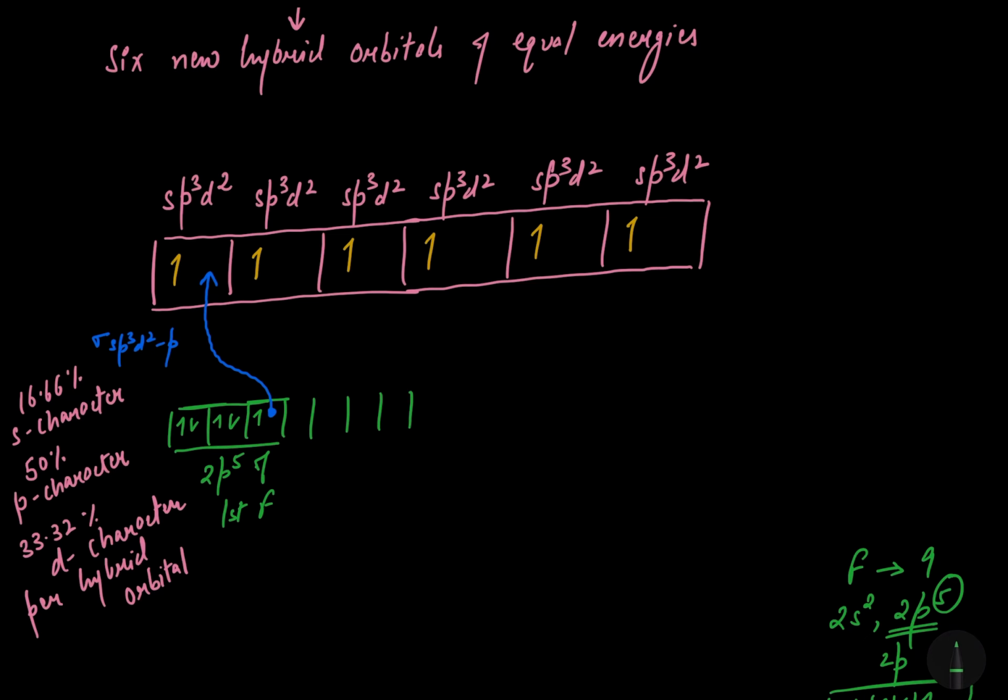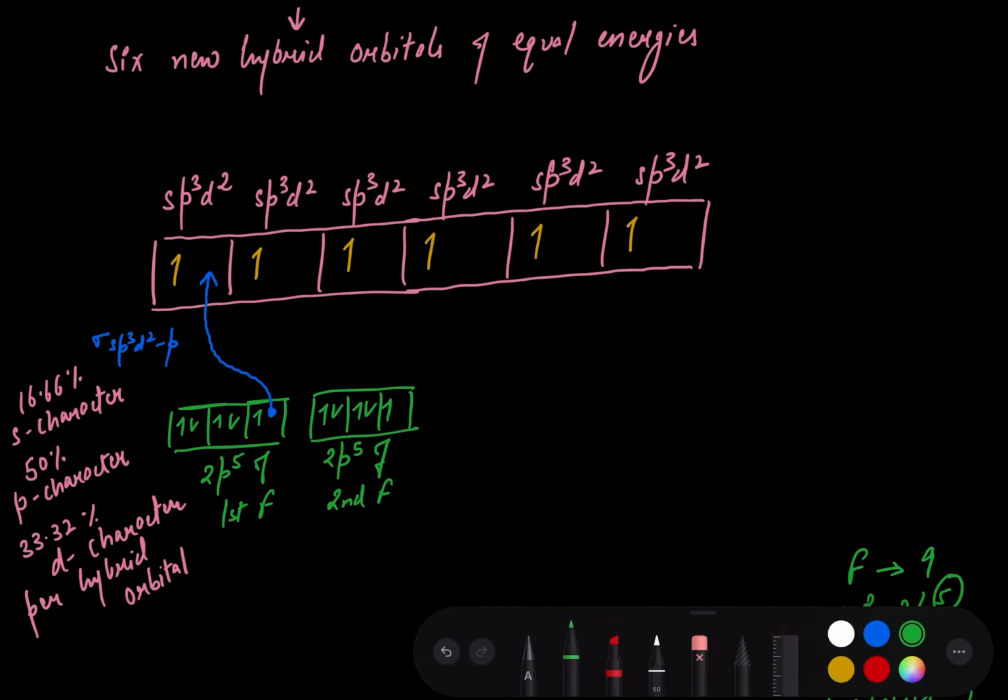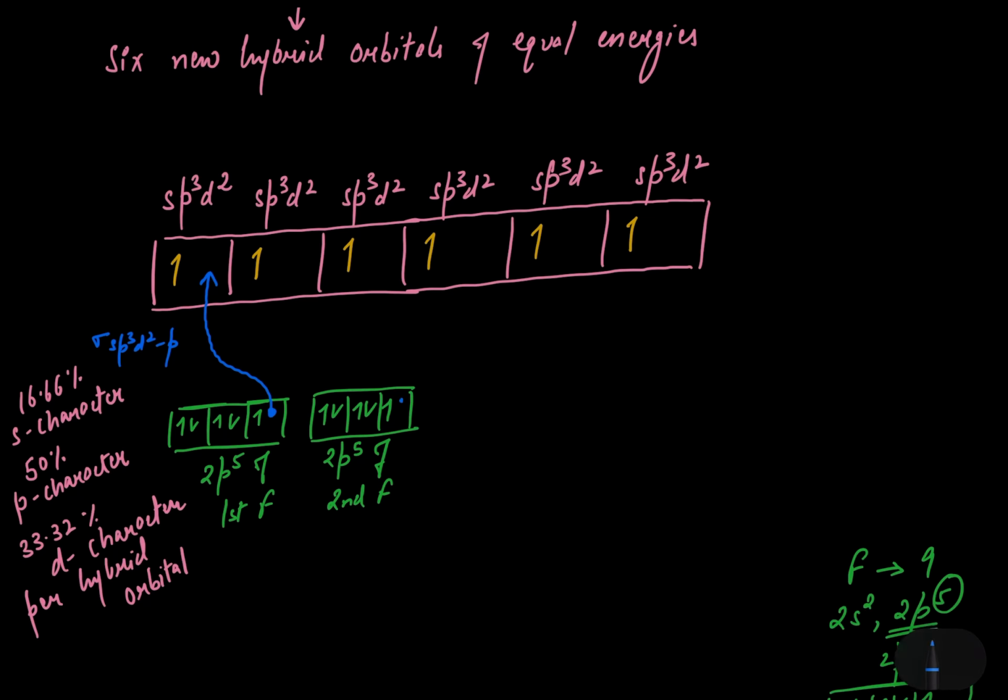That's the 2p of second fluorine atom. In this again we are having 5 electrons, 1, 2, 3, 4 and the 5. Here also we are left with one orbital which is having 1 electron, and this is going to have head-on overlap with the hybrid orbital of sulfur.